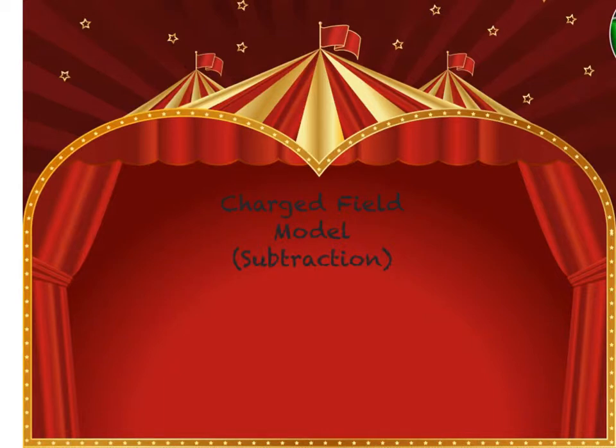What we want to do is go back to the circus. And we want to think about how much fun it really was to be at the circus and to see clowns. With the charged field model of subtraction, we're talking about positives and negatives, just like they do in science. But remember, this is math. So instead of positive and negative numbers, we're going to use clowns because we're back at the circus.